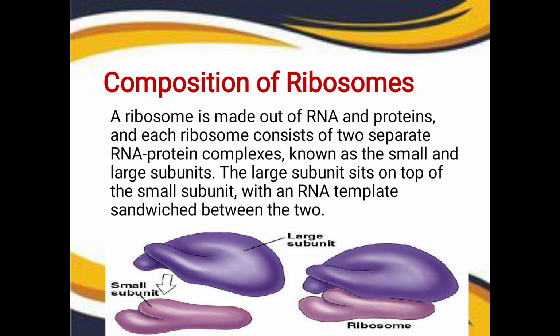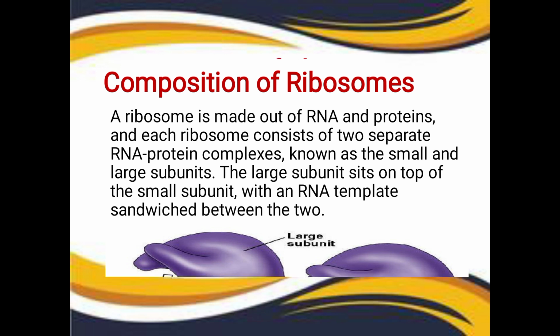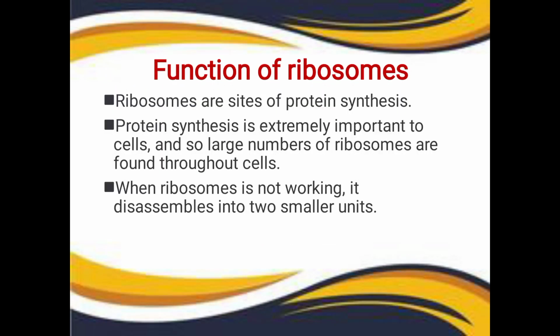The larger subunit sits on top of the smaller subunit with an RNA template sandwiched between the two. Ribosomes are the site of protein synthesis, and protein synthesis is extremely important to the cell, and so a large number of ribosomes are found throughout the cells. When a ribosome is not working, it disassembles into two smaller units.